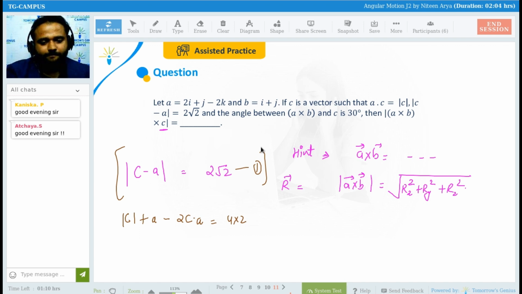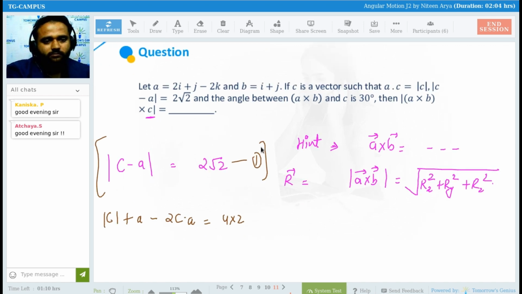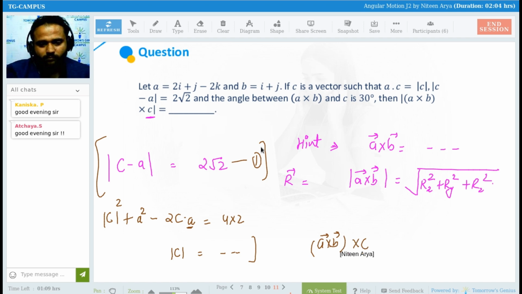Got it now? Is this clear to you? From this equation you can find the magnitude of C, and from this we can find the magnitude of A cross B. What we need to find is A cross B cross C. You can put A cross B as R, basically the magnitude, so it is R cross C. But obviously you need to find the magnitude of R first.